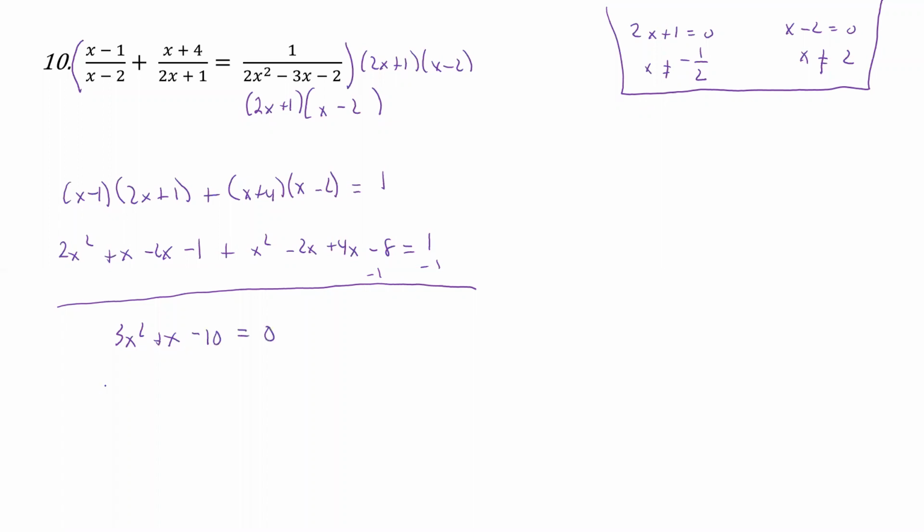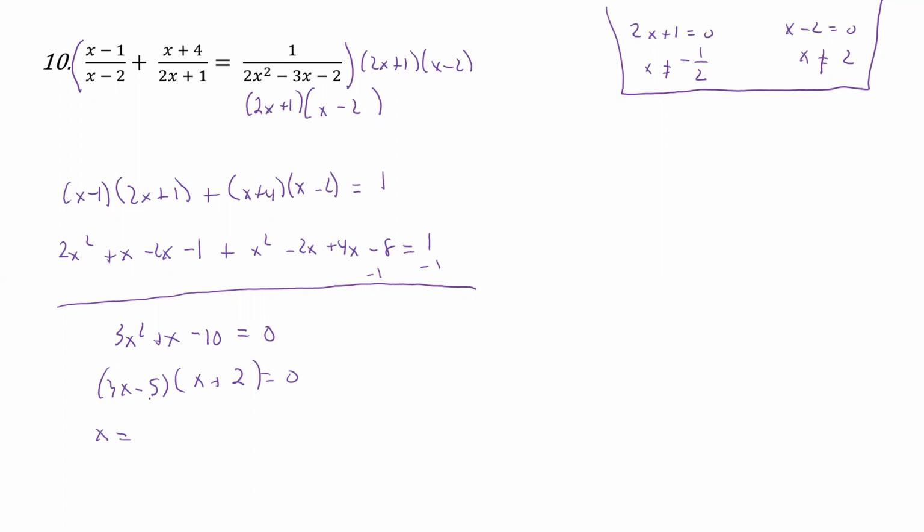And that's equal to 0. And so 3x, x, and that's plus 1. So if we have a 5 and a 2, we need the larger one to be positive, so that'd be a plus, that would be a minus, so it's going to be 3x squared. And we'll have 6x minus 5x is plus x, and then minus 10. So that's equal to 0.